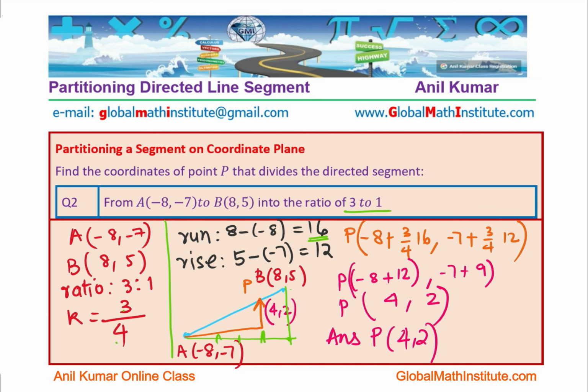Out of those four parts, we took 3/4 and added this to the original value from where you're starting. So that is the meaning of minus 8 plus 3/4 of 16, which is the run, right? And then we did 3/4 of 12, y value, added to the original value to get the answer. Is that clear to you?